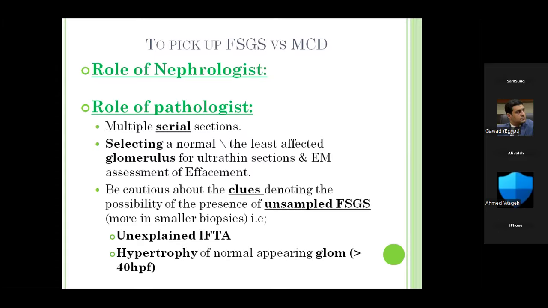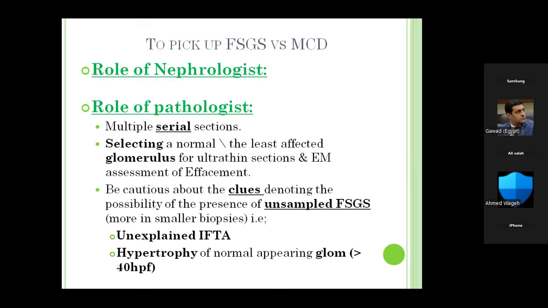Of course, both of them say that it's a focal segmental glomerulosclerosis, but maybe in the first serial the glomerulus appeared normal, but after 10 serials or 15 or 20 serials, we will see another one which shows the segmentally sclerosed segment in the same glomerulus that appeared normal in the first one. So multiple serial sections are essential in nephropathology.